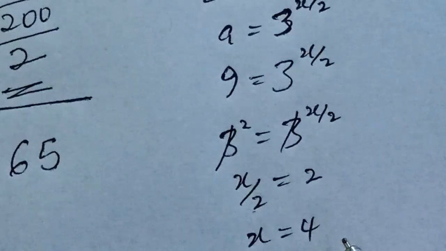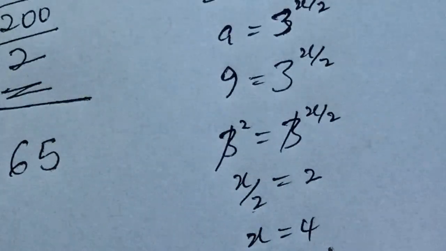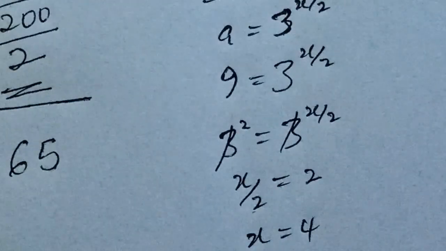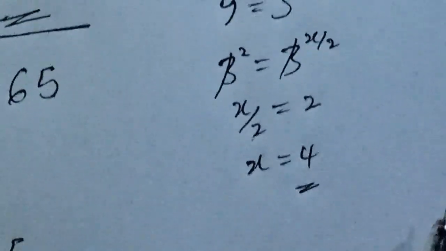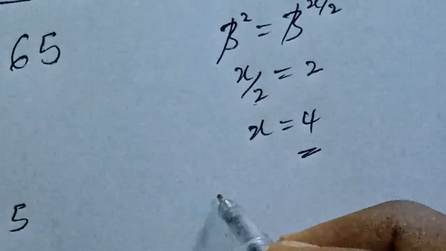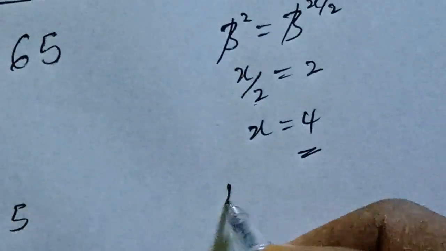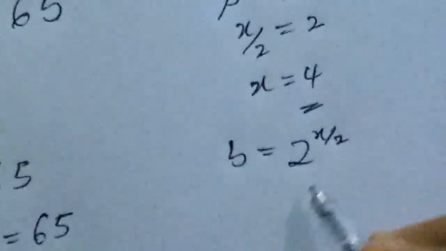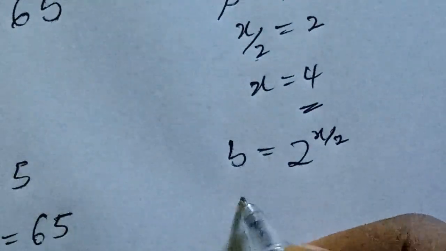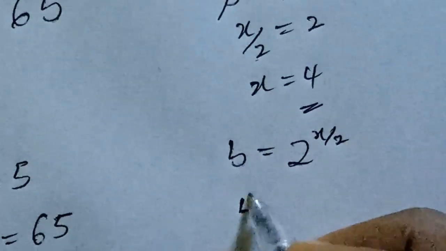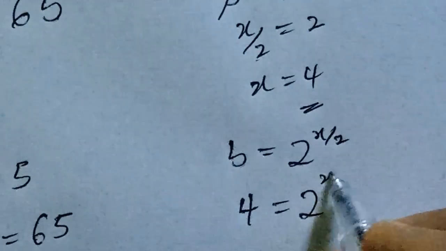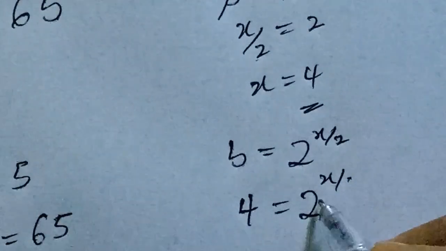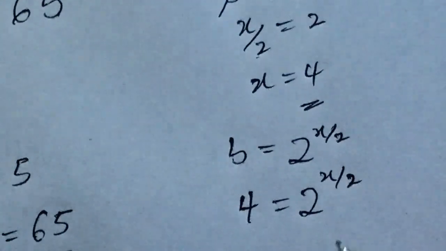So we solve for the value of x using the value of a. Now let's try that with the value of b. So b also equal to 2 raised to power x over 2. And the value of b gives us 4. So we write that as 4 equal to 2 raised to power x over 2.